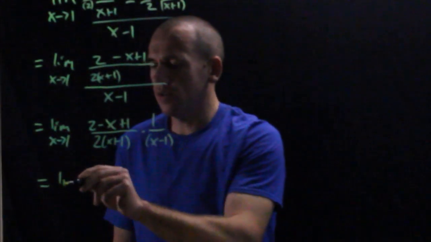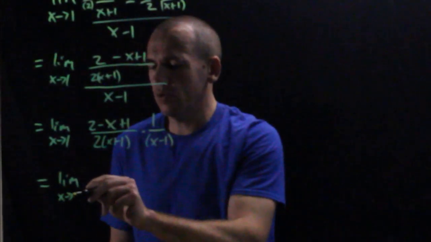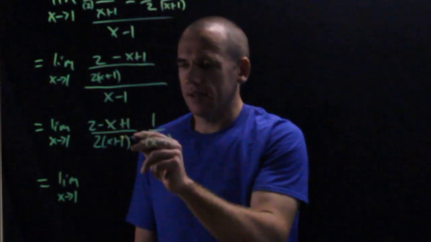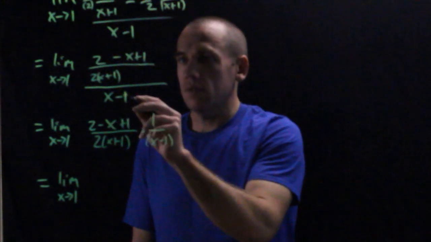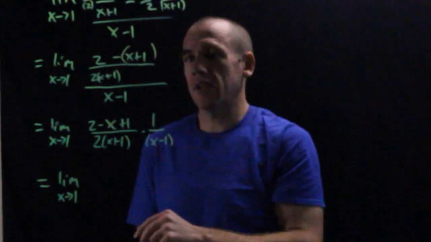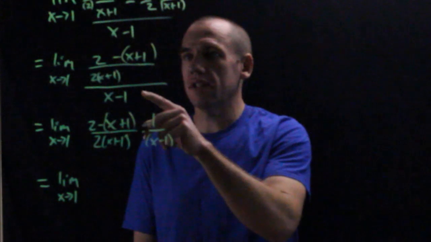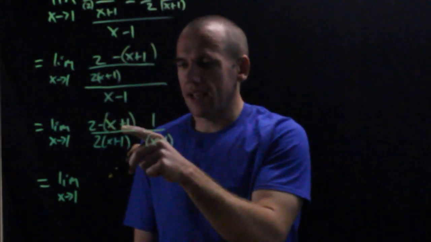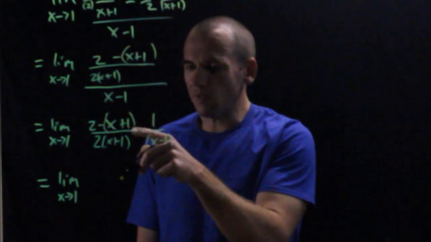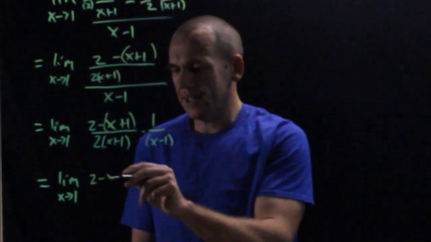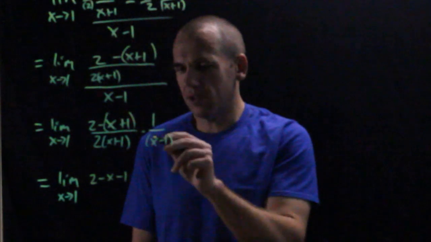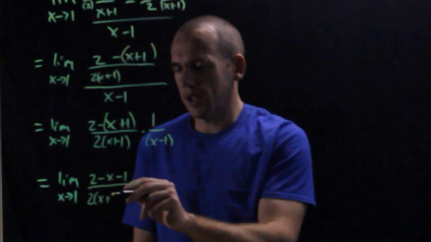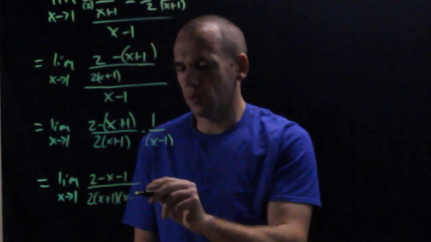So this is equal to the limit as x goes to 1 of 2 minus x plus 1. That x plus 1 is in parentheses because we're subtracting that whole thing. So 2 minus x minus 1, that's all multiplied by 1 over 2 times x plus 1 times x minus 1.